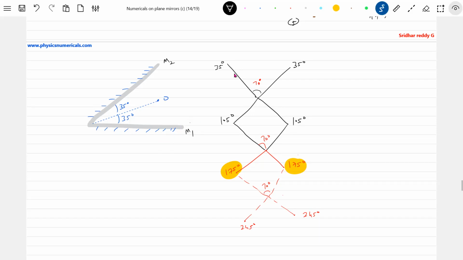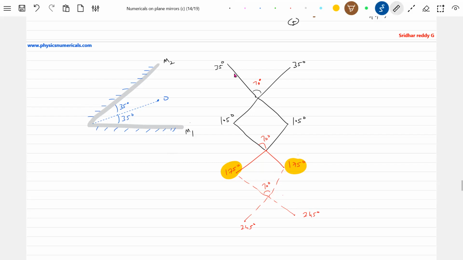M1, this M2. Then similarly, this object will subtend an angle. The line joining object and the intersection of mirrors is making 35 degrees. The line joining the intersection of the mirrors and the image should also make angle 35 degrees. That is what I'm indicating here.